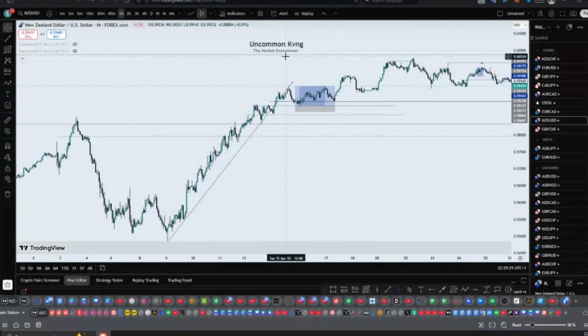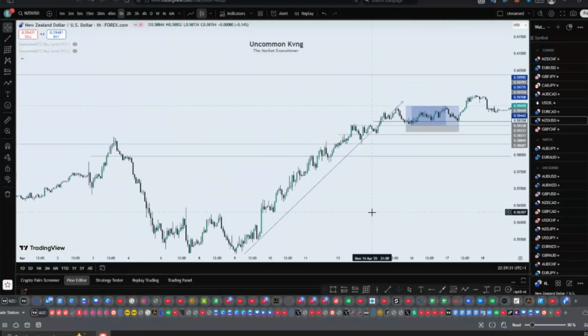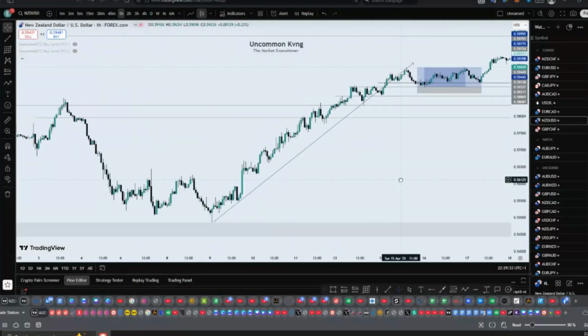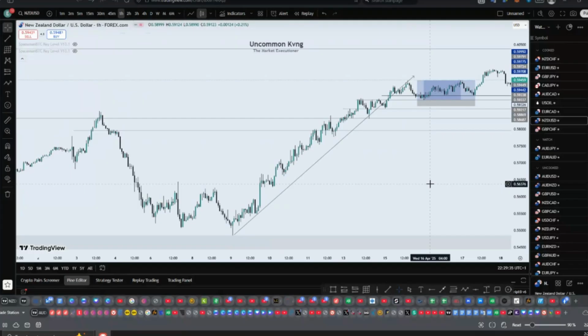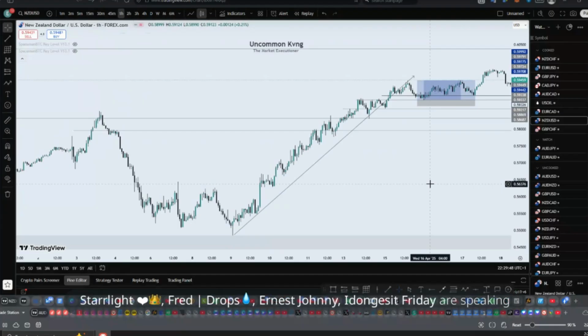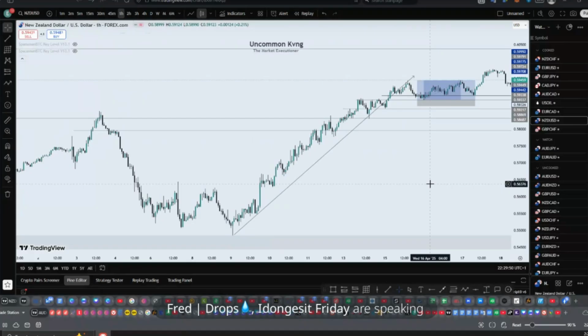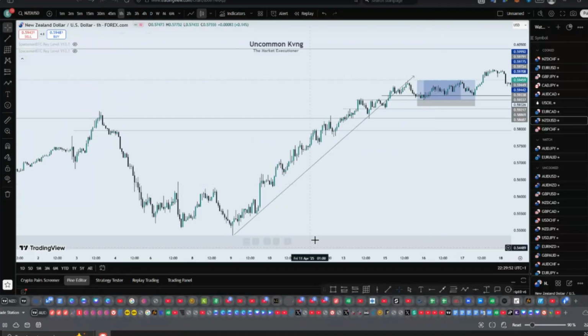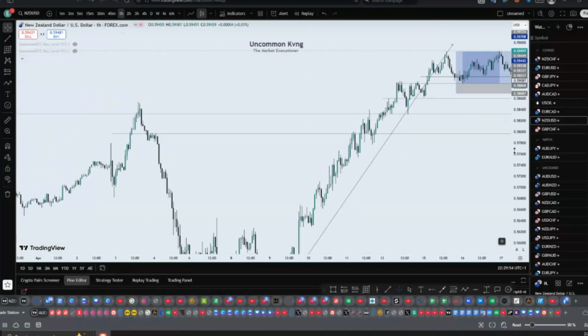Now, in an uptrend, what are we looking for? Since we have said that we're not trading consolidation and we're not trading reversal, what should we be looking for in an uptrend? Expansion. Bullish expansion and retracements. All right, good. Fantastic.